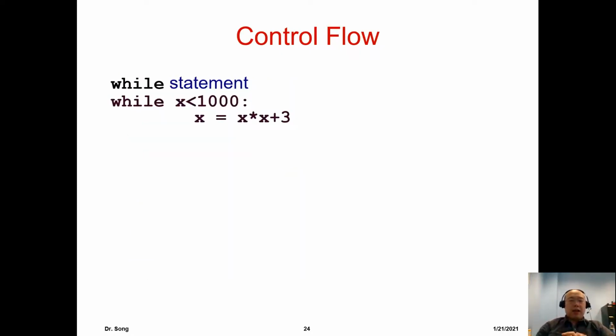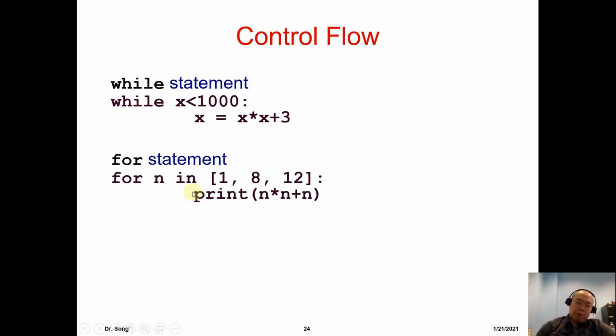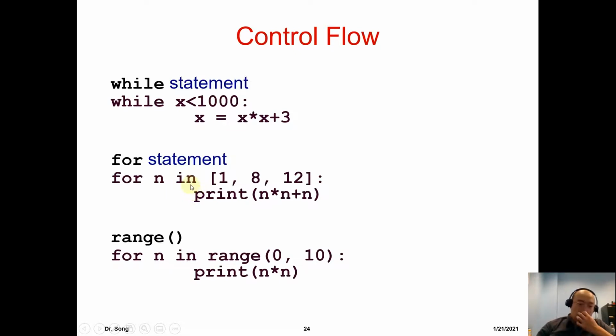And in the next part, control flow, we can do a couple of different ways for the iteration. We can do a while loop, we can do a for loop, and for the for loop, usually we want to do the ranges. For example, if you want to create an iteration that runs for exactly 10 times, you can do for n in the range from 0 to 10, and this will guarantee to run for a total of 10 times.